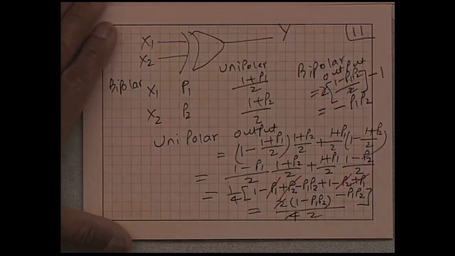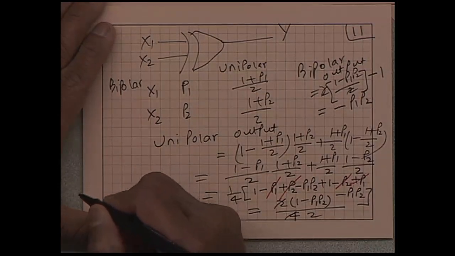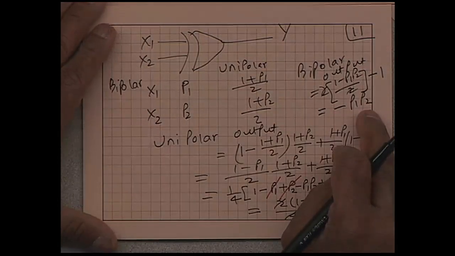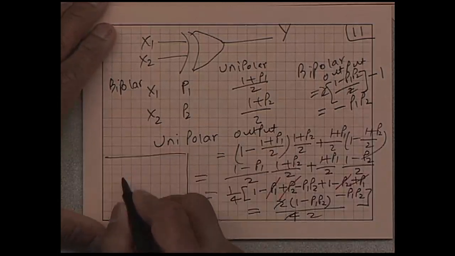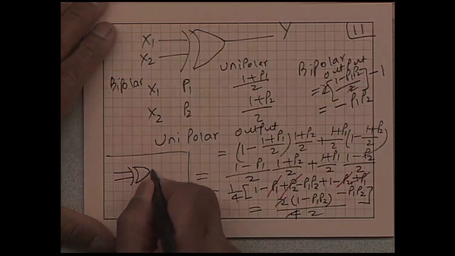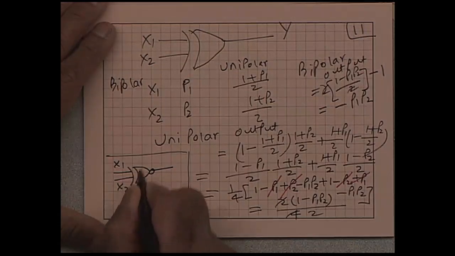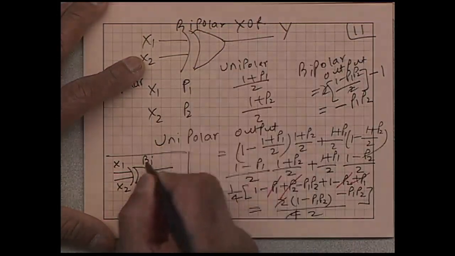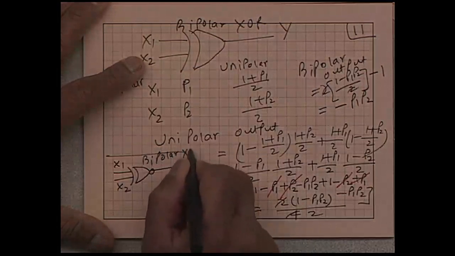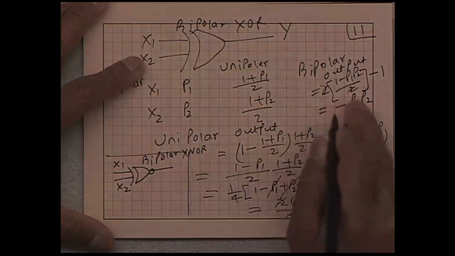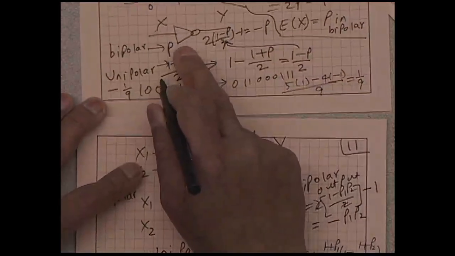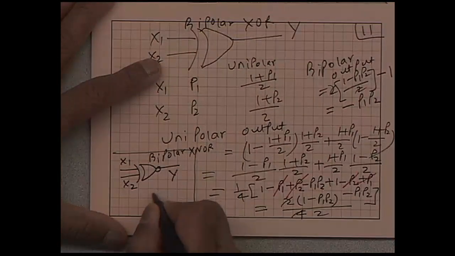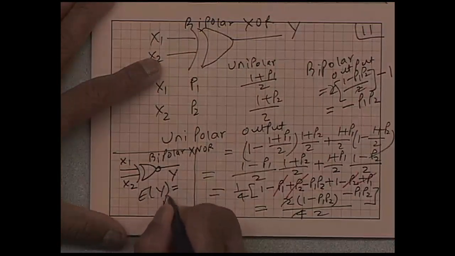So the bipolar XOR computes an output that is the negative of the product, which means that if I have a bipolar XNOR, this is bipolar XOR and this is bipolar XNOR, this will compute the negative of that, because we saw the inverter computes minus P. So if I just put an inverter, Y will be, expected value of Y will be P1 P2.